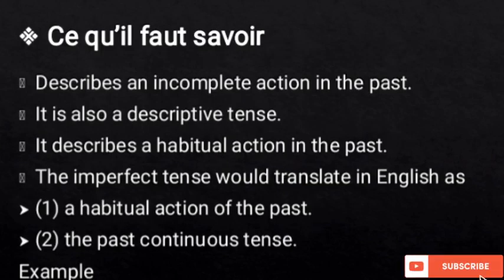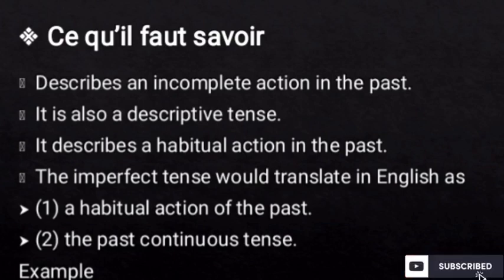When you talk about the l'imparfait in French, you must know that this is a tense we use to describe an action in the past that is incomplete. That's the first thing. Number two, it is also a descriptive tense. It's used mainly for description. And it's used to describe what we call habitual actions in the past.